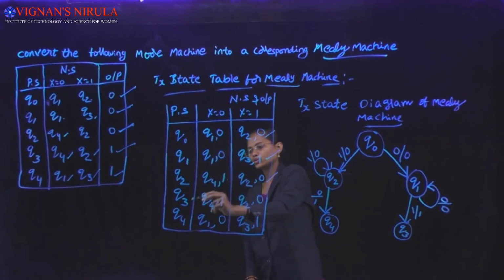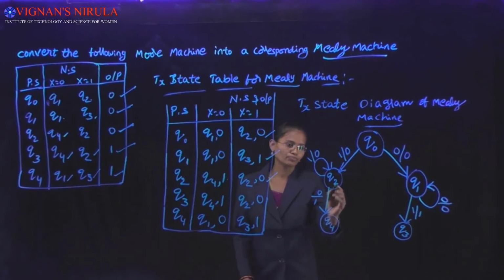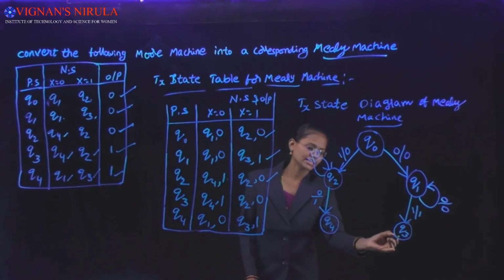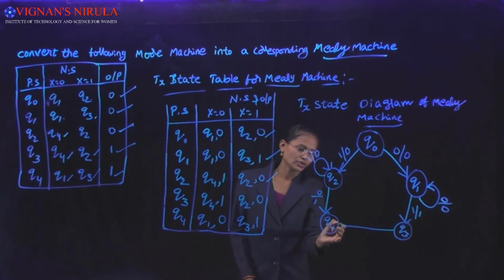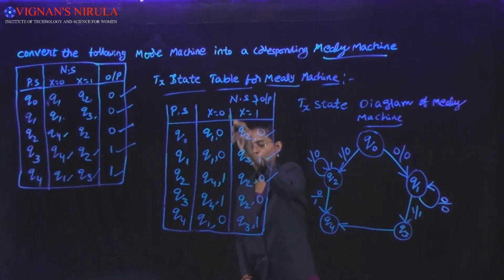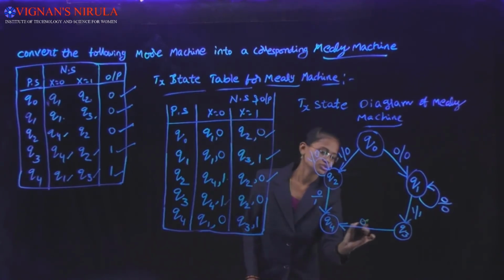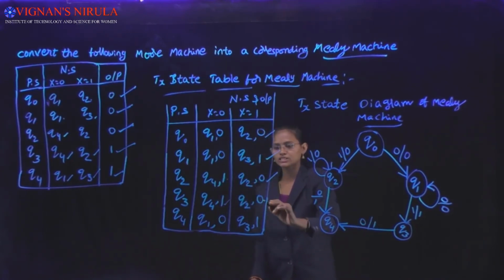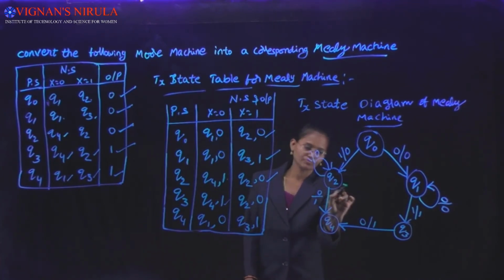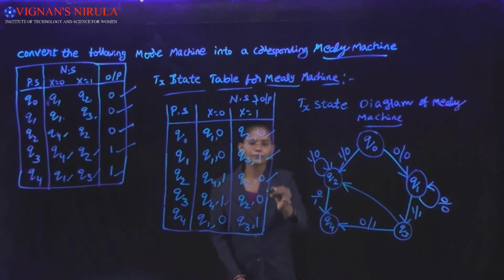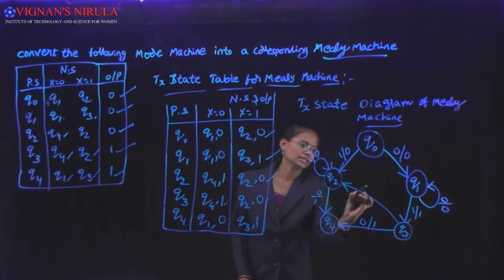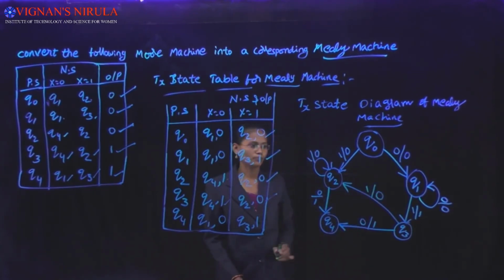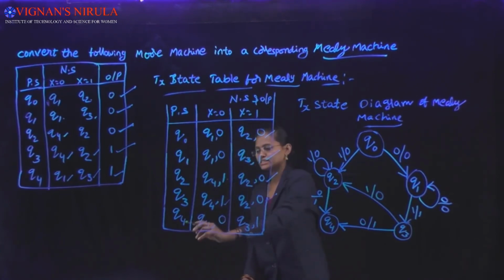And next Q3 present state, if x equal to 0, the next state produced is Q4. Here the input is 0 and output is 1. So 0 by 1. And next, if x equal to 1, the next state produced is Q2. Here the input is 1, output is 0. That is 1 by 0. And next, present state is Q4. The input x is 0.